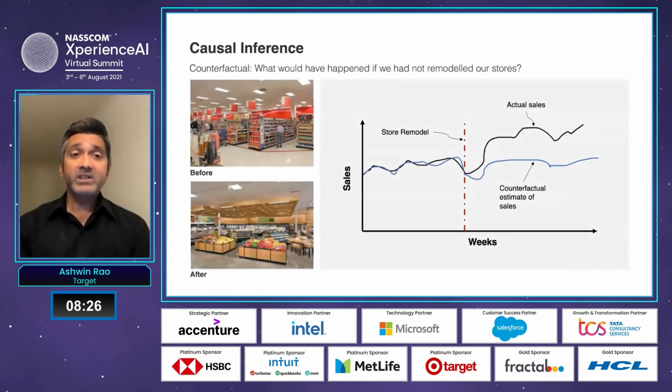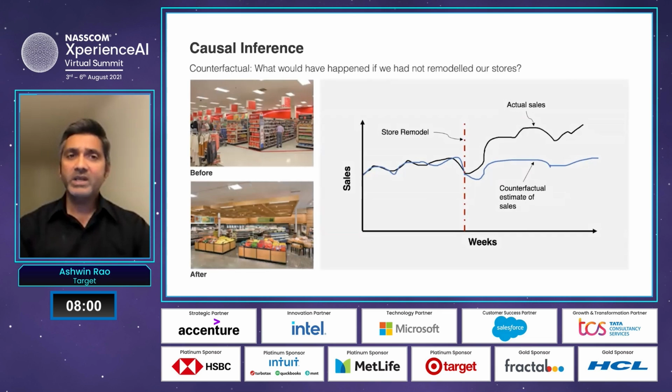Let me explain this with an example from retail. We sometimes make a decision to remodel a retail store to make it look modern, attractive, better organized, and convenient to customers. This typically results in a boost in sales. But we typically want to understand what would have happened if we had not done the store remodel.